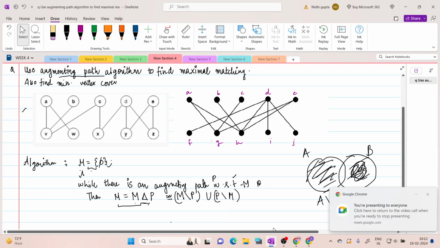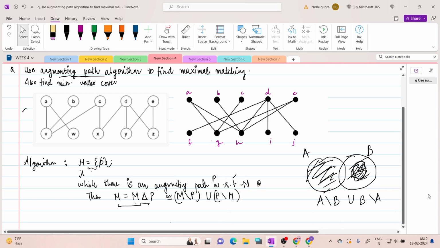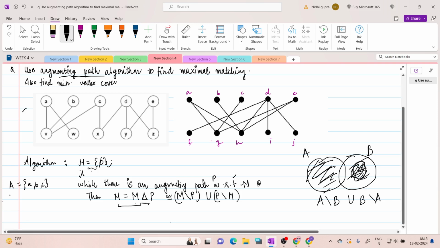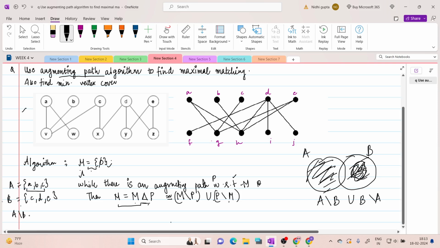Ma'am, this symmetric difference, can you give an example? Yes. Basically, if A is the set A, B, C, and B is C, D, E, then the symmetric difference is A minus B union B minus A. First, A minus B is all those elements of A which are not present in B. So what is A minus B?